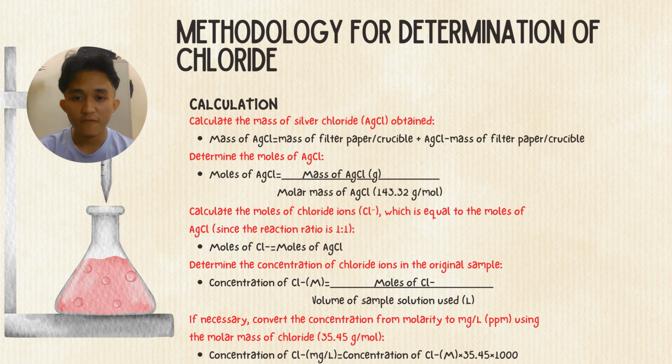The moles of chloride ion are equal to the moles of silver chloride, since the reaction ratio is 1 to 1. To determine the concentration of chloride ion in the original sample: concentration of chloride equals moles of chloride over volume of sample solution used in liters.